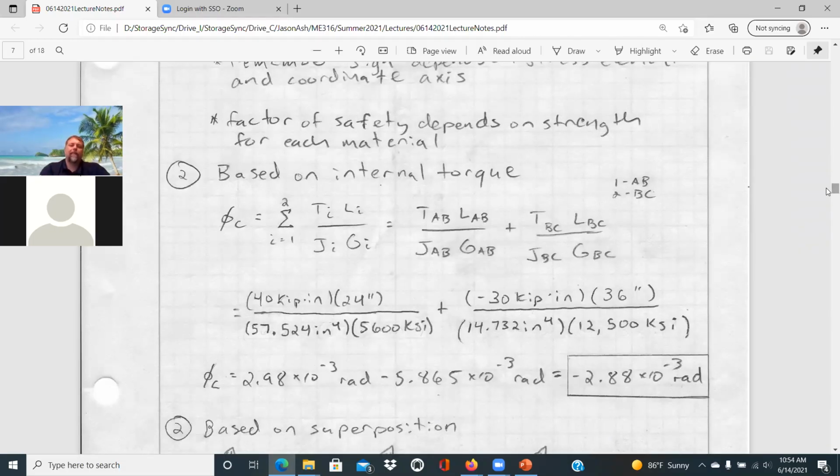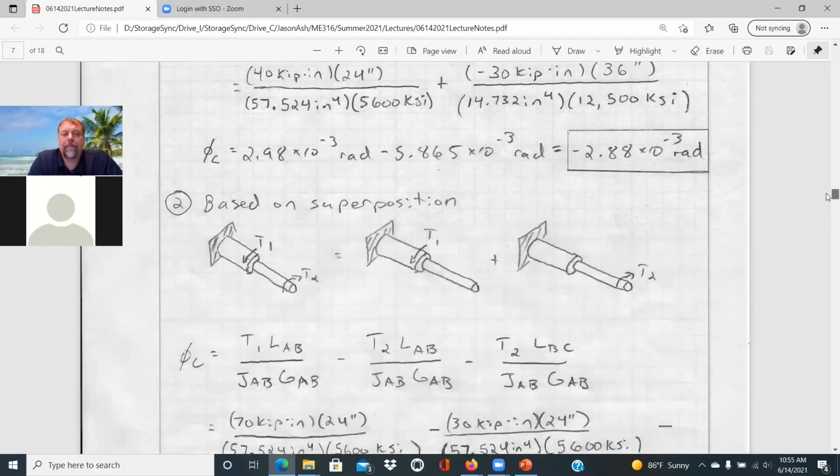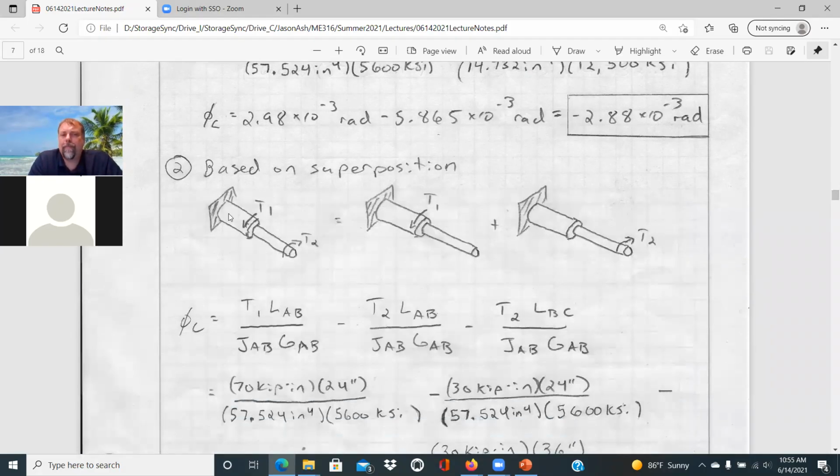And we kind of saw how nice that was. If you've already solved for your internal torques based off your free body diagram when you're calculating stresses, it's probably just as easy to do the internal torques since you've solved those. If we base that off superposition, then we can break this up into separate loading conditions.